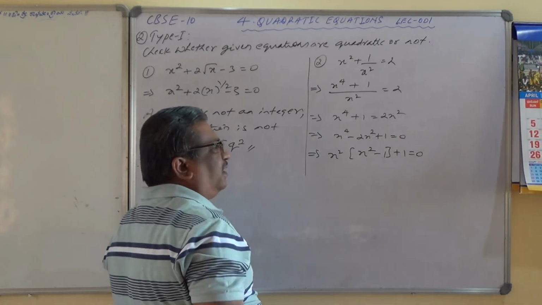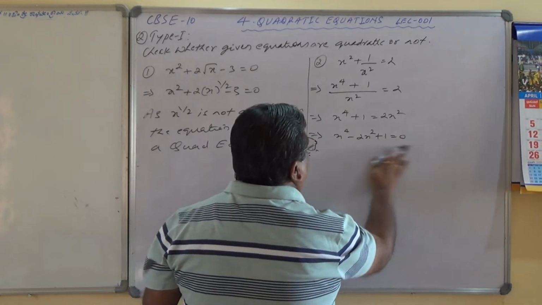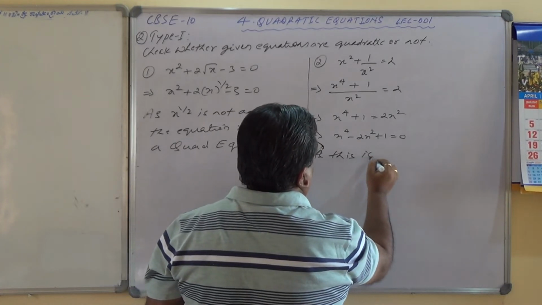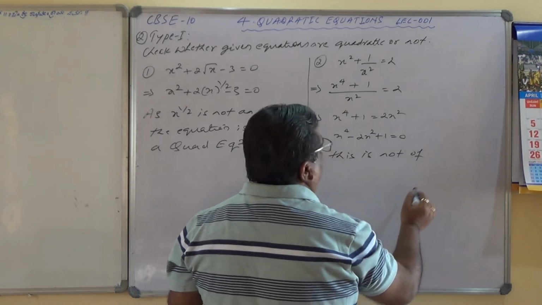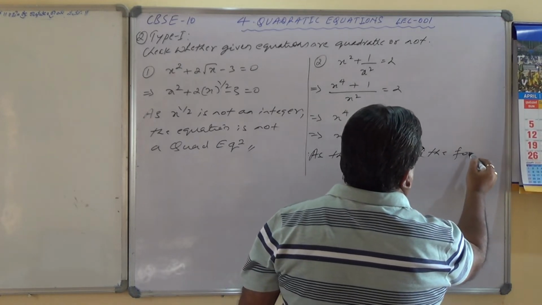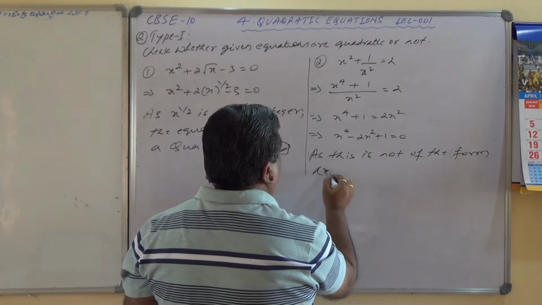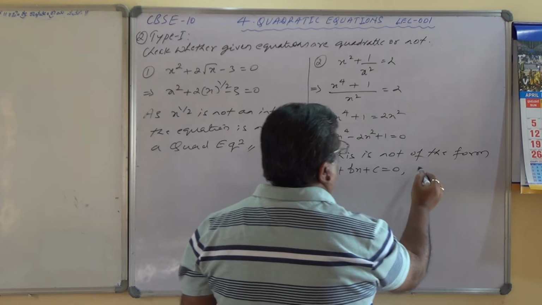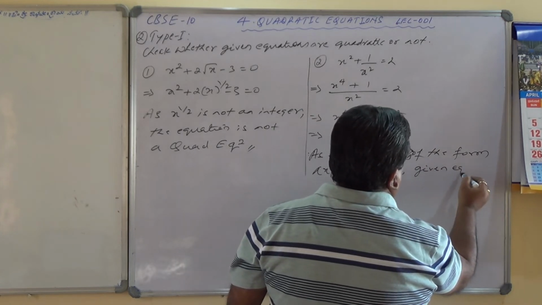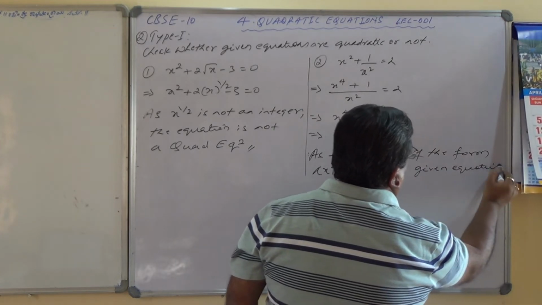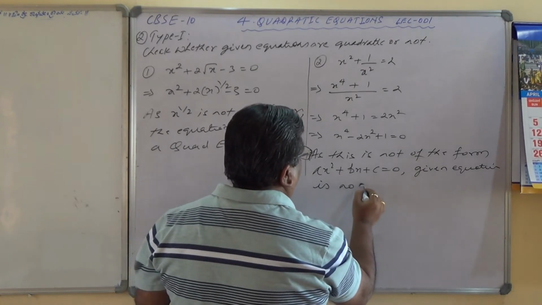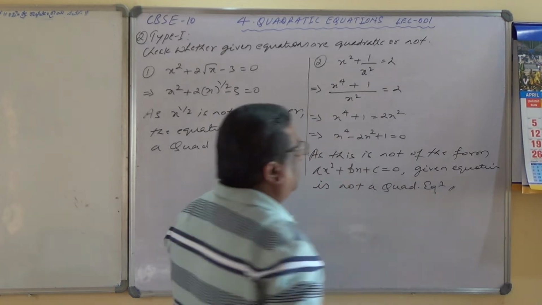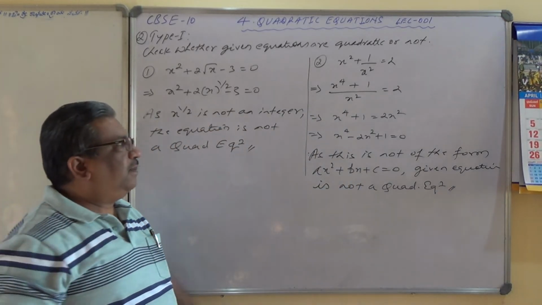So it is not possible to take common at all, and therefore I simply write, as this is not of the form, it is not a quadratic equation. Let me check this answer.